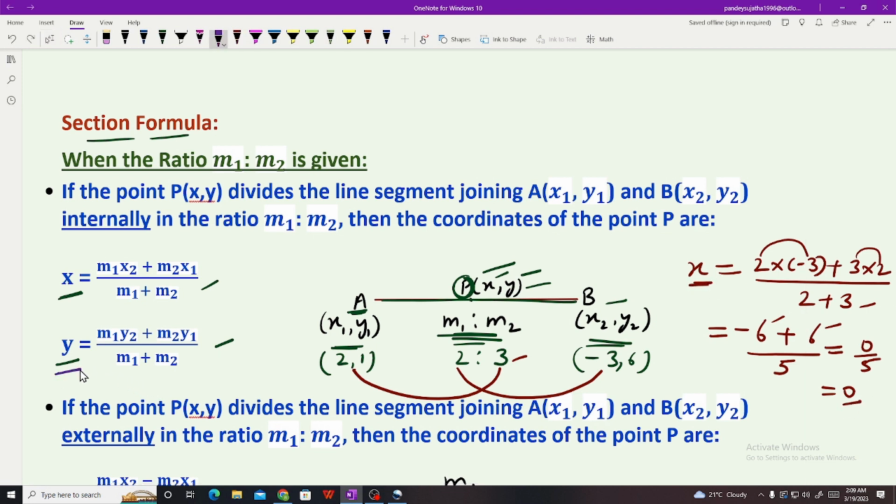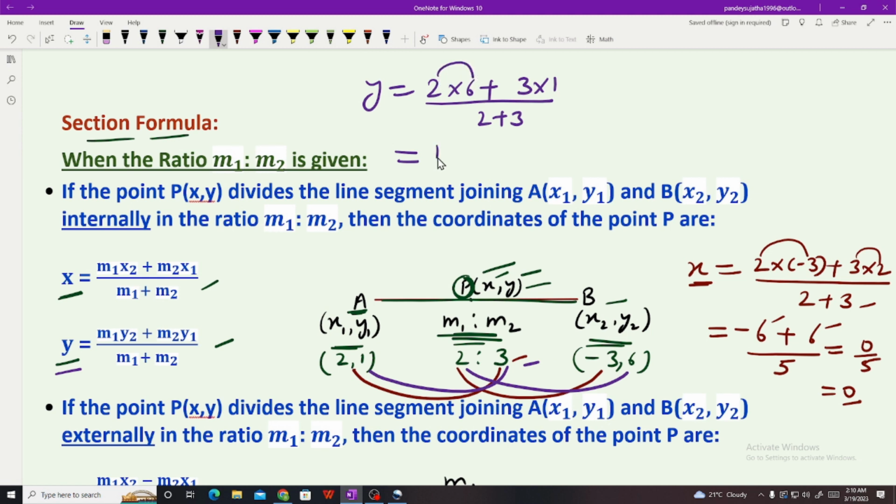To find the y coordinate, that is m1 into y2, that is 2 into 6, plus m2 into y1, that is 3 into 1, upon the sum of ratio, that is 2 plus 3, that is equal to 2 into 6 is 12 plus 3 into 1 is 3 upon 3 plus 2 is 5, that is equal to 12 plus 3 is 15 upon 5, that is equal to 3.